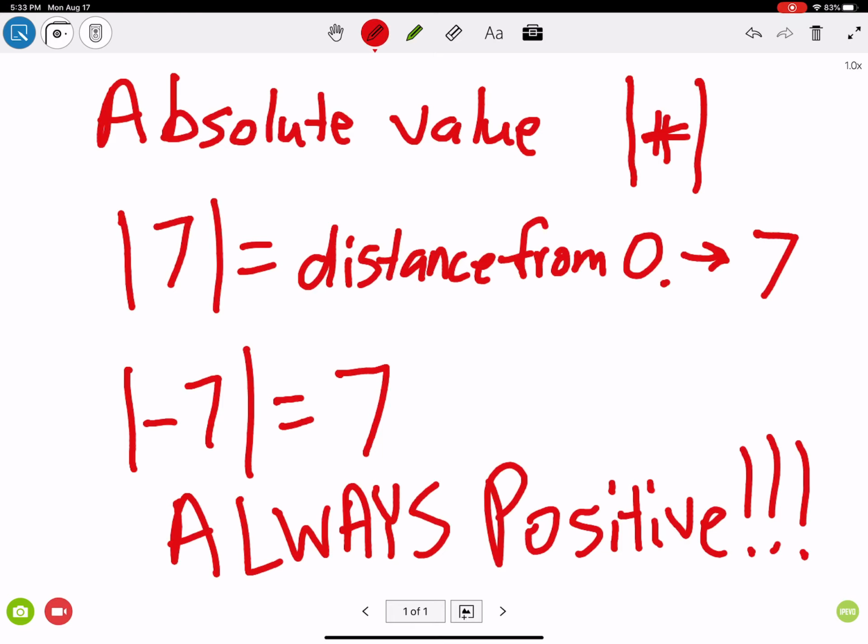There's no such thing as a negative distance. How do I drive -100 miles? I can't. There's no way to drive -100 miles. So all distances and measurements are always going to be positive. Okay? They're always positive.